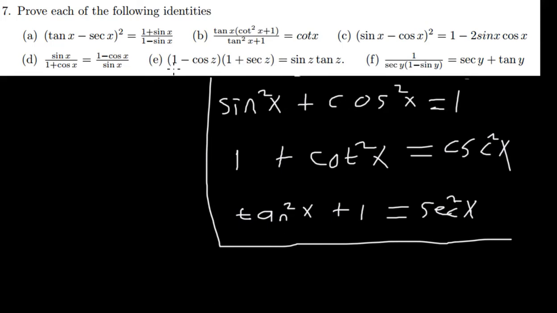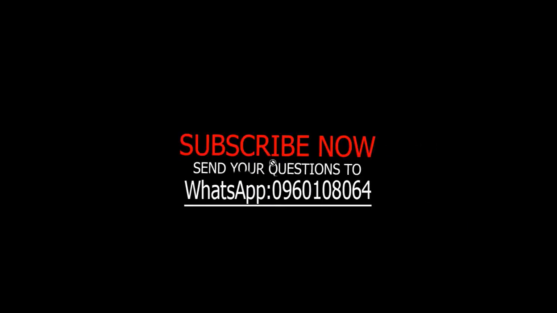I don't know if there is any other question, but let me solve the last one here, D. For the remaining ones, you can solve them and send your solution to this line here on WhatsApp, and I'll check whether you are correct or not.